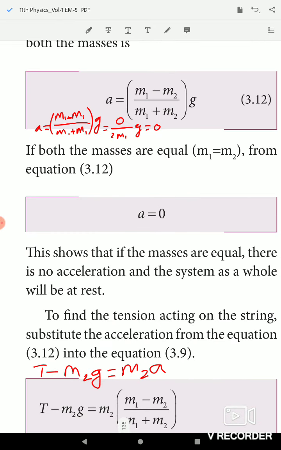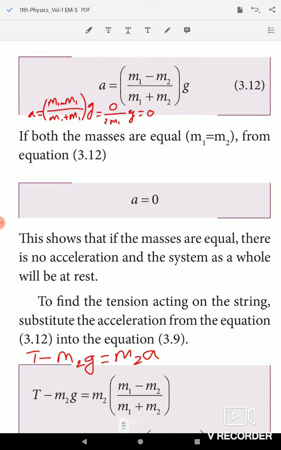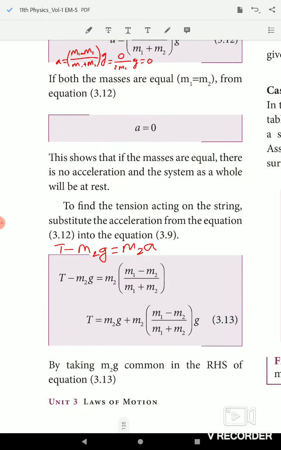So if the masses are equal, there is no acceleration and the system as a whole will be at rest. To find the tension acting on the string, substitute the value of acceleration in the equation T minus M2g equals M2a. So T minus M2g equals M2 into M1 minus M2 divided by M1 plus M2.